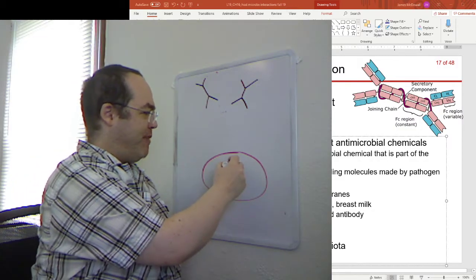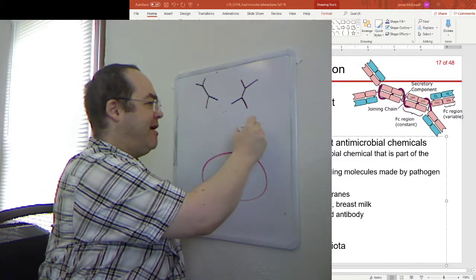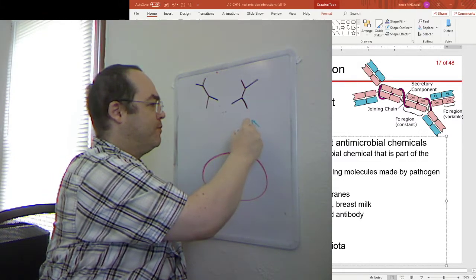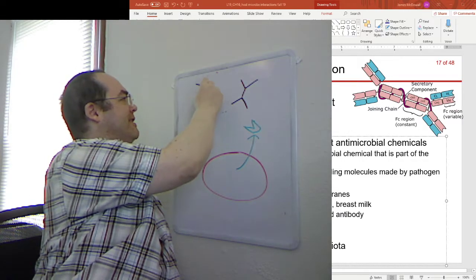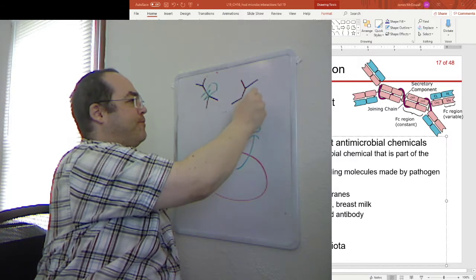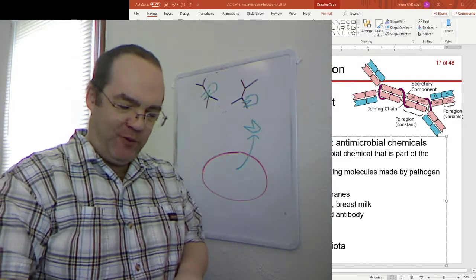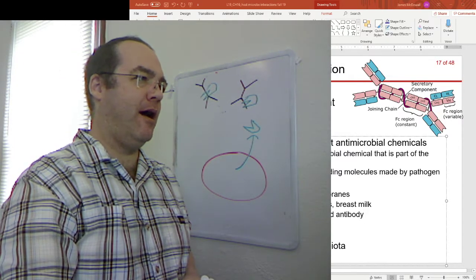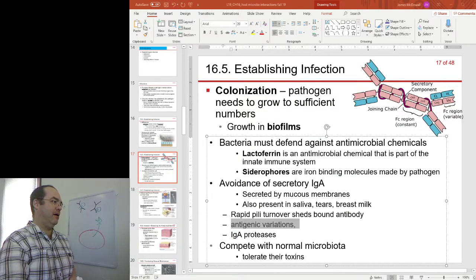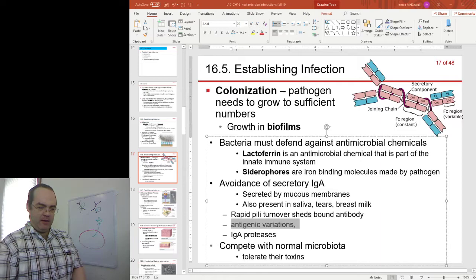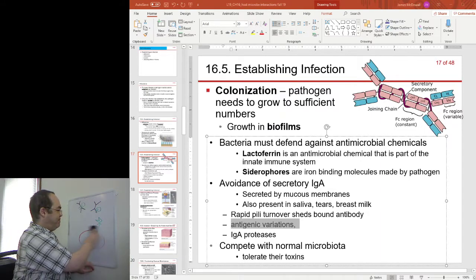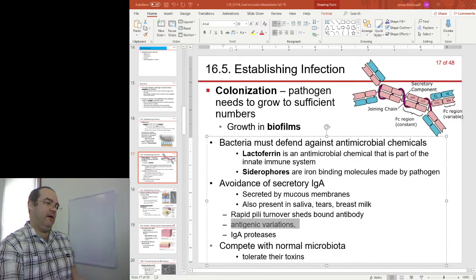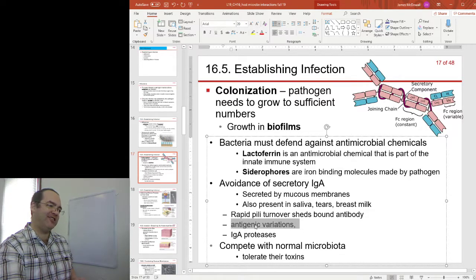So the bacteria releases a digestive enzyme, and that digestive enzyme snips up the IgA before it can ever reach the bacteria, in which case, again, the IgA and the antibody can't tag the bacteria. So pili turnover, antigenic variation, IgA proteases. Proteases are enzymes that break apart proteins.